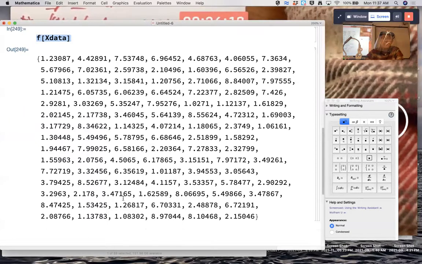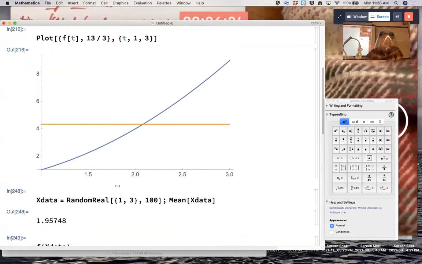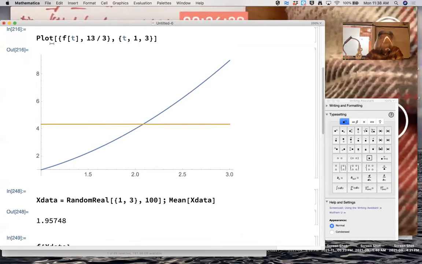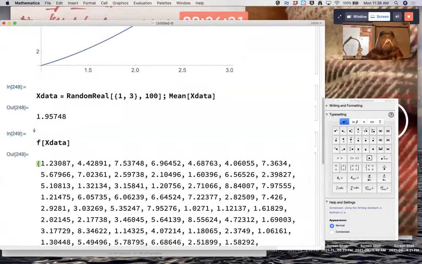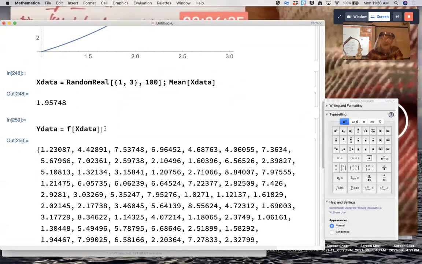One pretty close to 9 here. Why 1 and 9? Because I'm plugging them into the function. I'm plugging inputs between 1 and 3 into this function whose outputs are between 1 and 9. Call that y data. What's the mean of the y data?